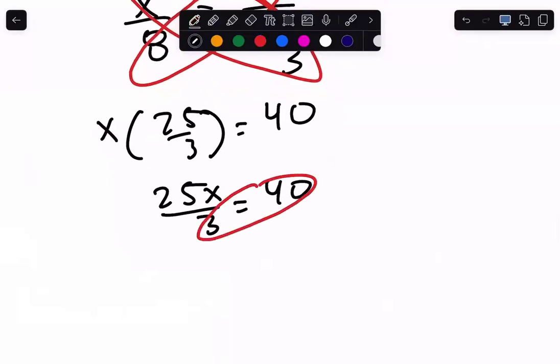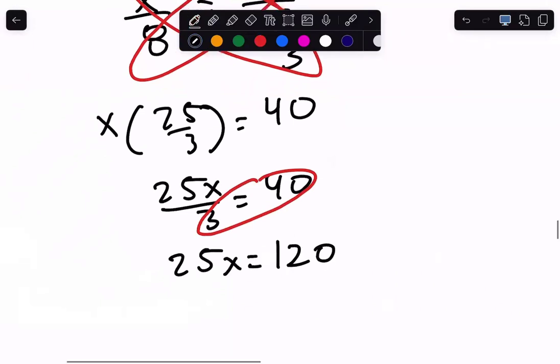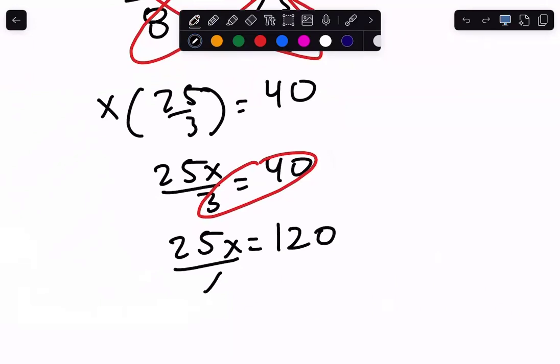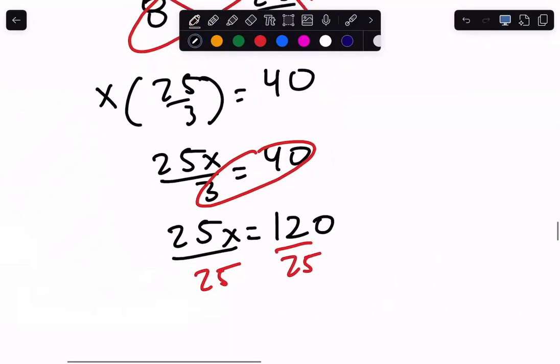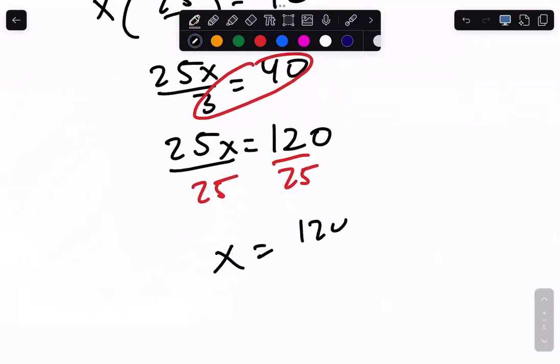Cross multiply again. 25x, 3 times 40 is 120. Divided by 25. X is 120 over 25. And then both of these are divisible by 5, right?